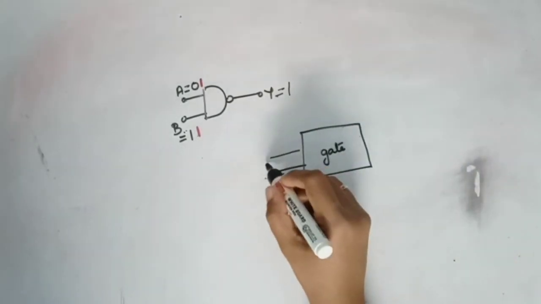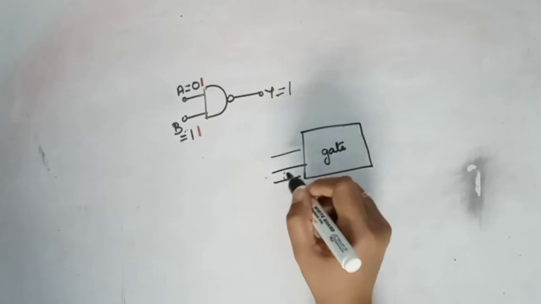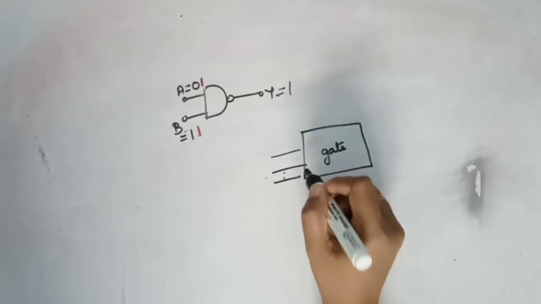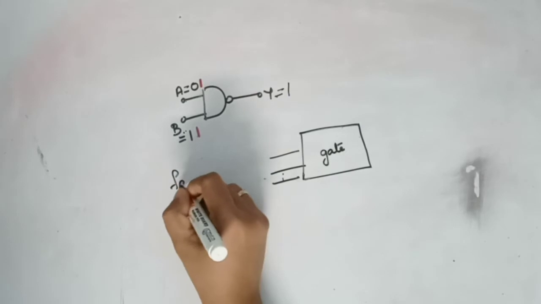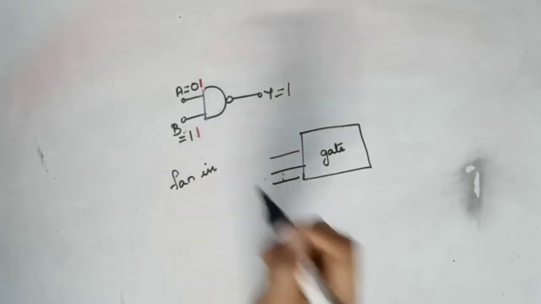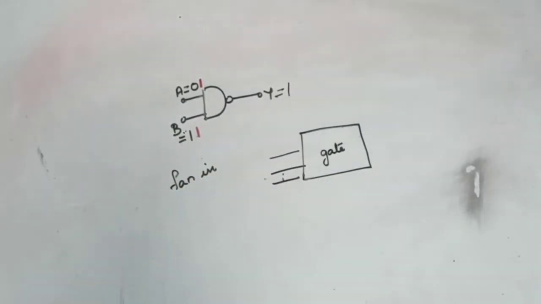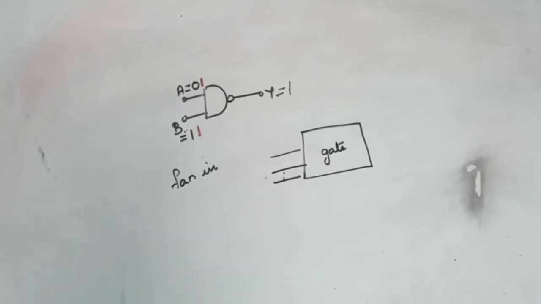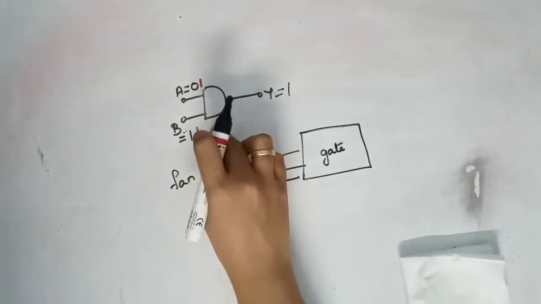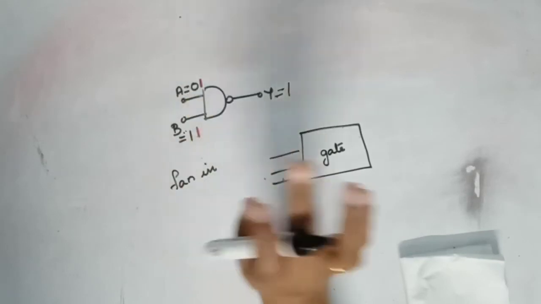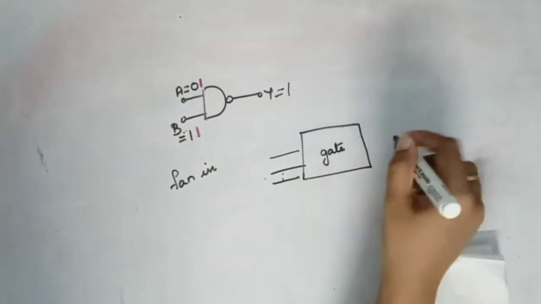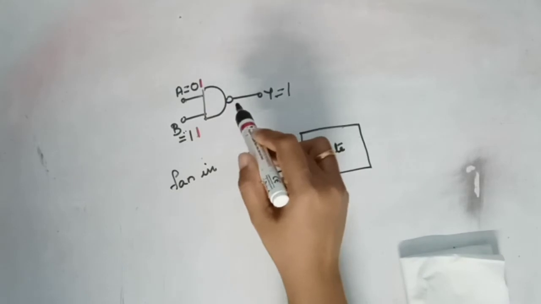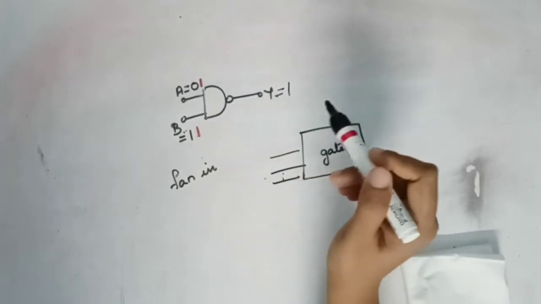The number of inputs that can be connected to a particular gate is called the fan-in. So in this case the fan-in is 2. Only 2 inputs can be connected. If you have a 3-input NAND gate, you can connect 3 inputs there.